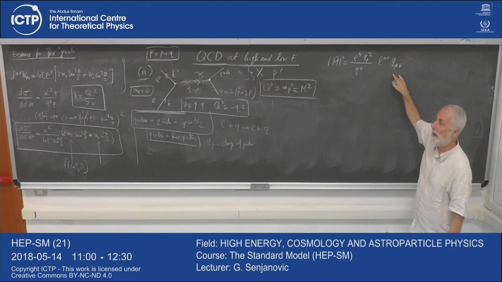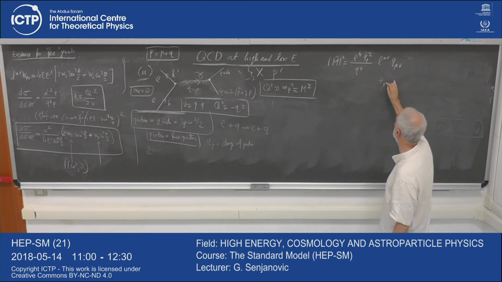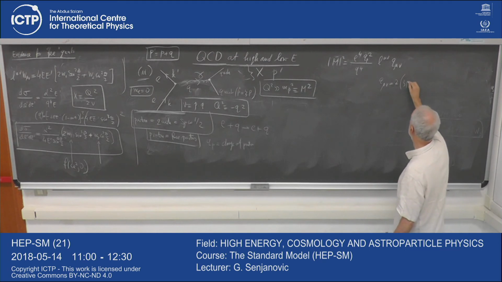Now this is a point-like particle, so this is basically the same expression as the one we had before. So just to help you, Q mu nu will be what? Will be 2, there was a factor of 2, C P mu, P prime mu.